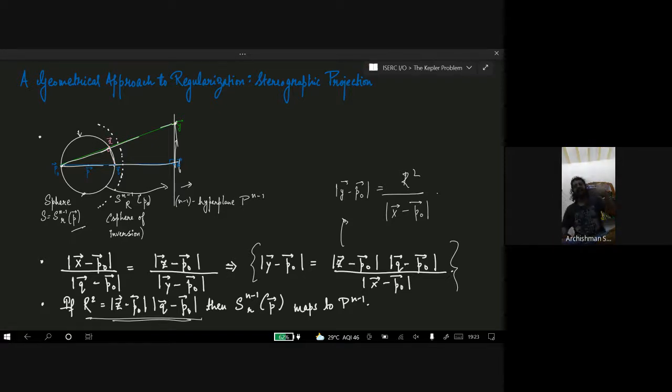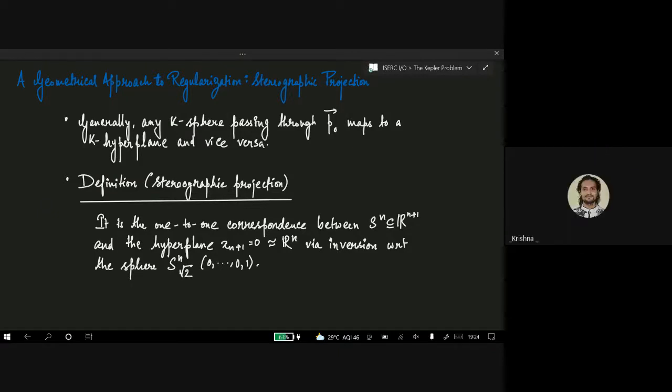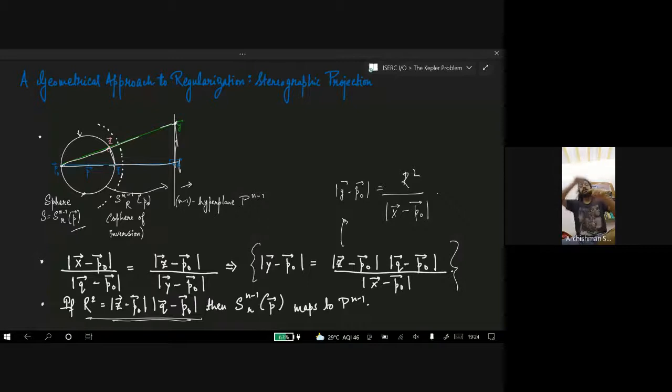I have mentioned this argument for spheres of dimension n-1, but this works for any dimensional spheres. So it works for any K sphere, and you can generalize this for any K sphere. So what was the role of that dotted sphere? The dotted sphere is the sphere with respect to which you're inverting, with respect to which you're considering the inversion.